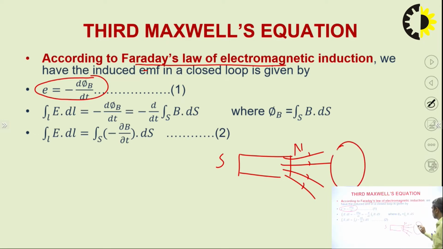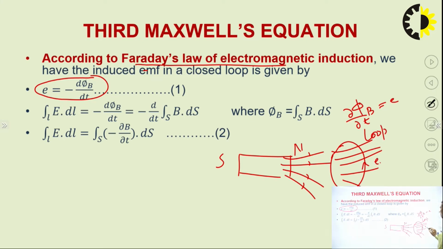If we take a closed loop and the flux linked with this closed loop, phi b, changes with respect to time, an EMF is induced which flows a current. This law was discovered by Faraday and is known as Faraday law of electromagnetic induction. So the EMF induced is equal to minus d phi by dt.